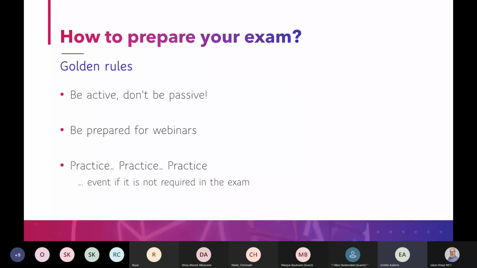Even if in your learning path you had some difficulties with some labs, don't worry, you won't have any labs in the fundamentals exams.